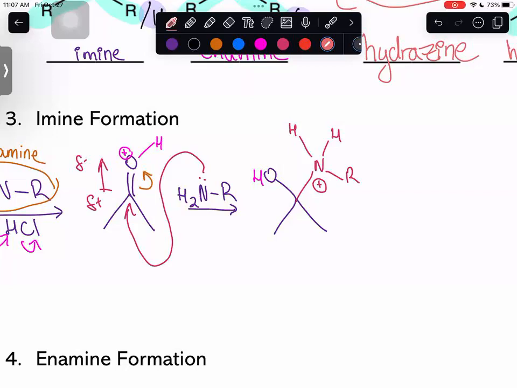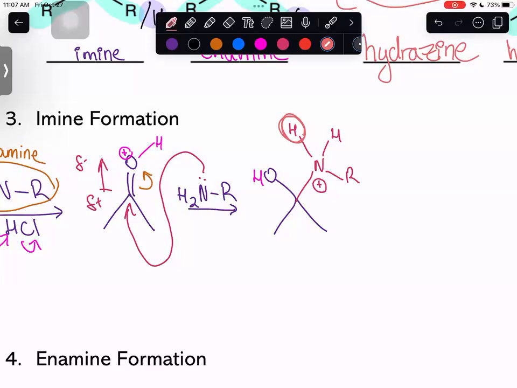Best guess. Someone suggests a base comes and gets one of the hydrogens. So that could happen, yes, but for this reaction, not quite. But we know that we have to get rid of one of those hydrogens because it has too many connections.